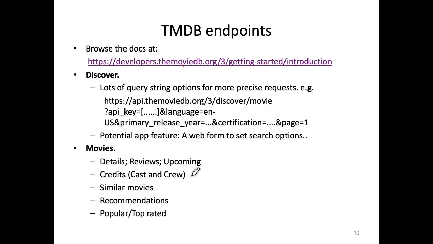So you get a list essentially of the person IDs for each cast member, crew member associated with the movie. And then with that person ID, you can get further information on that individual. You can get a list of similar movies to a movie. You can get a list of recommendations associated with a movie. You can get the most popular or top-rated movies of all time. All of these options are available to you.